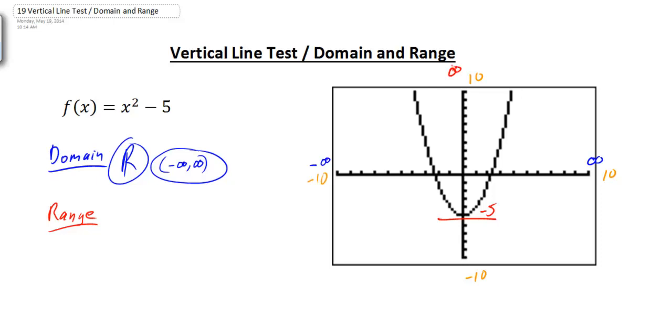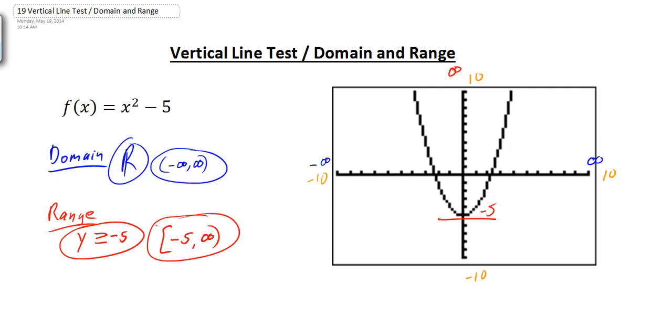So we would say that the range, because we're talking about a y value, is y is greater than or equal to 5. And another way of stating that, whoops, I'm sorry, not 5, but negative 5: y is greater than or equal to negative 5. And we could certainly use interval notation where we say negative 5, comma, infinity.